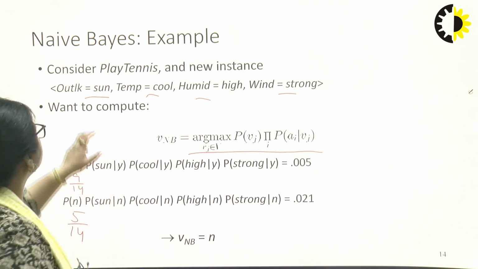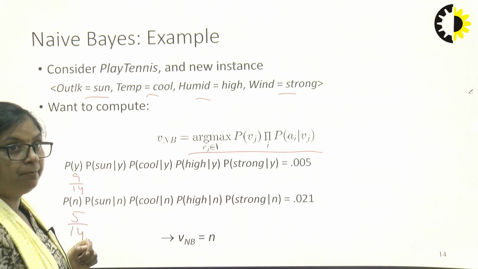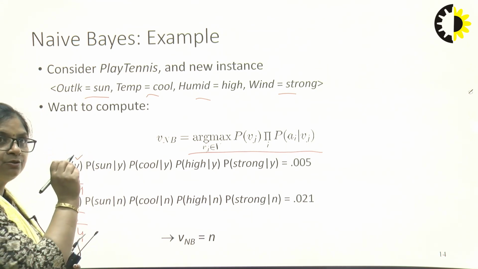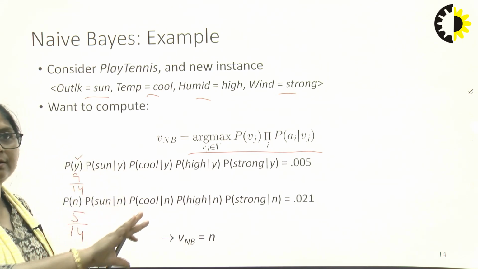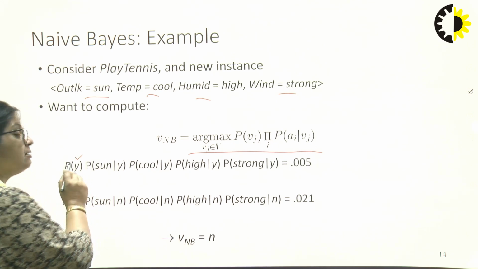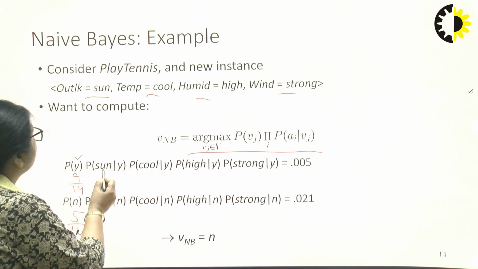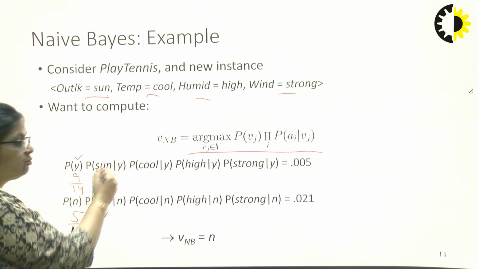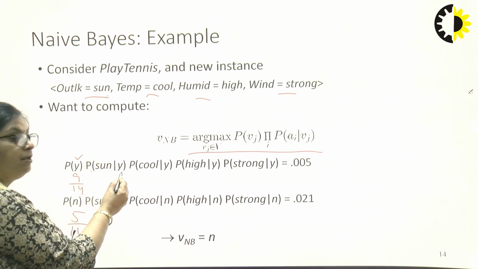Now, what do we have to check? Outlook is sunny. We are given the class y, so we will simply check. All the attributes are conditionally independent when the class is given. The class is given as y. What is the first attribute? Outlook, its value is sunny. What is the probability of sunny when it is y?